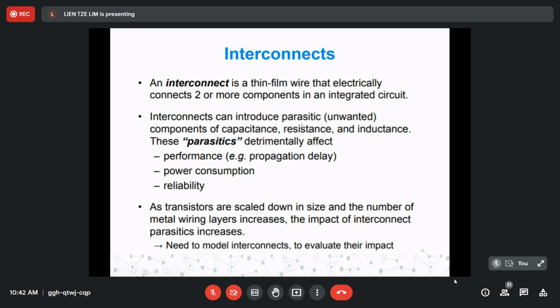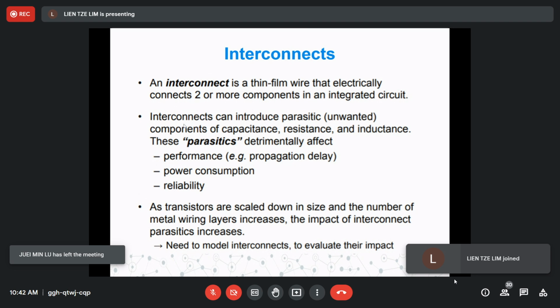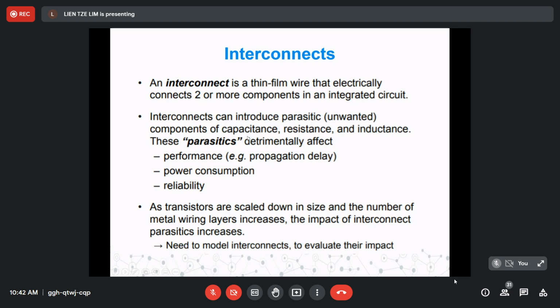Parasitics are quite an important element that we have to look into so that they will not cause any degradation of the performance of the chip. So why are interconnects important? Because interconnects can degrade the performance of the chip due to these parasitic components. Parasitic components are caused by the capacitance and resistance.